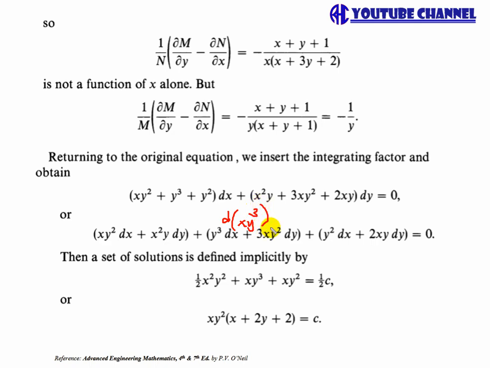Or pwede yan magkapalit, depende sa inyo. So, kapag i-integrate ko yan, ito yung magiging sagot. X y cubed. Then, combine ko yung y squared dx plus 2xy dy. Kung papansin natin, that is the derivative of xy squared. So, kapag integrate natin yan, ito na yung sagot.